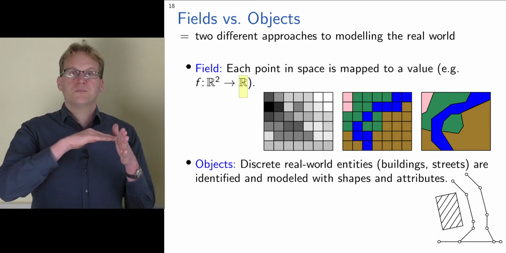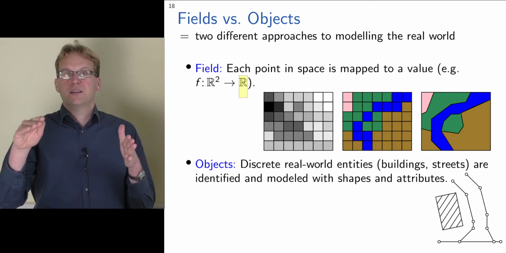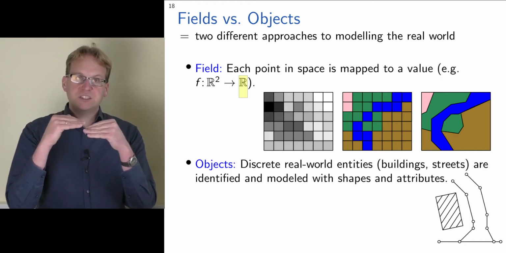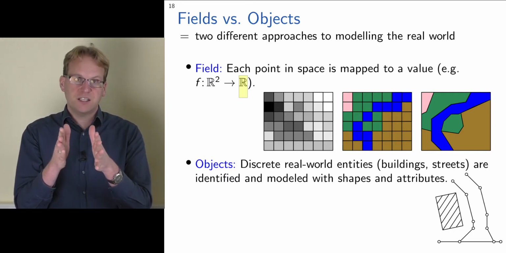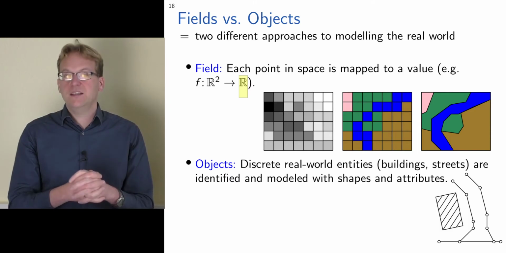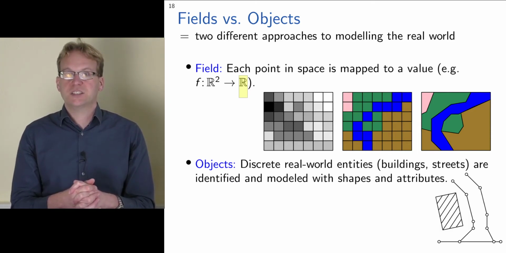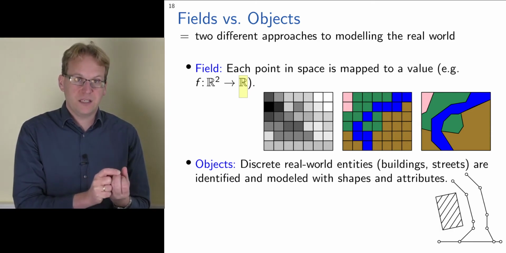So we have a complete coverage of the plane with polygons. These polygons do not overlap each other. We don't have gaps between these polygons, because then this function would be undefined. But all polygons together basically represent this function, namely the land use type for every point in the plane.